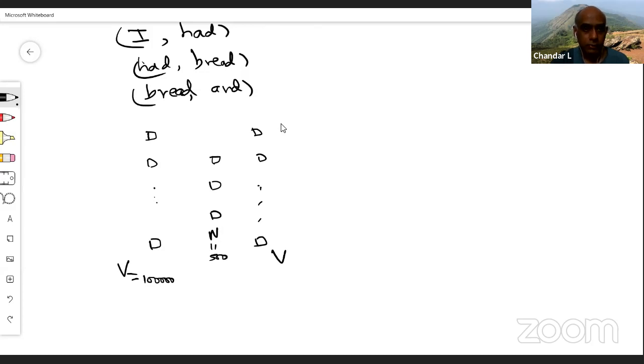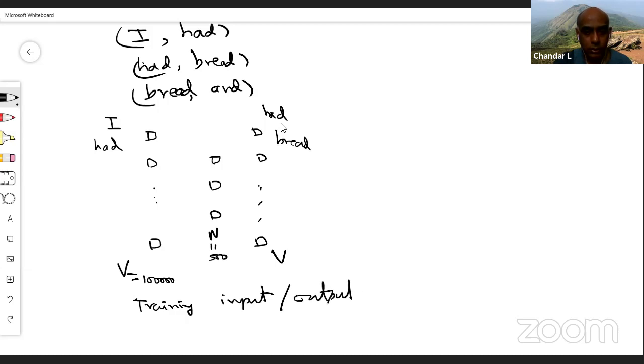So we have this whole lot of bigrams where the input is "I" and output is "had", or the input could have been "had" and the output is "bread". Imagine that you're creating these bigrams from the entire corpus of literature. So you have a whole lot of training vectors, the training input and the corresponding training output.